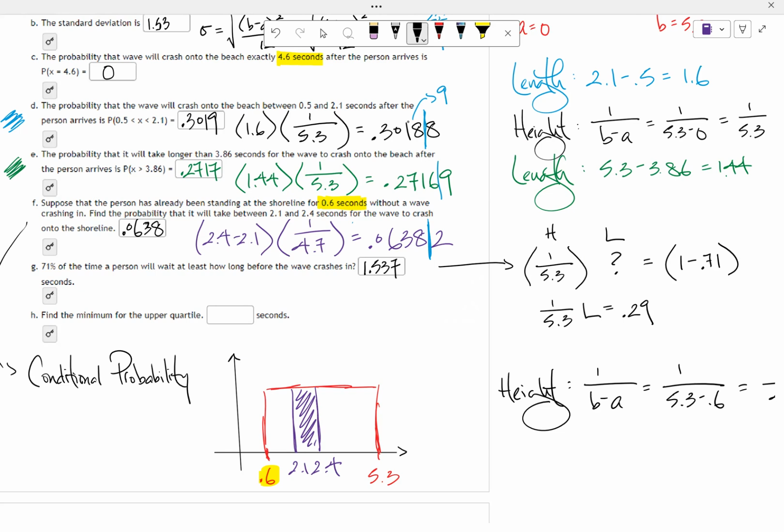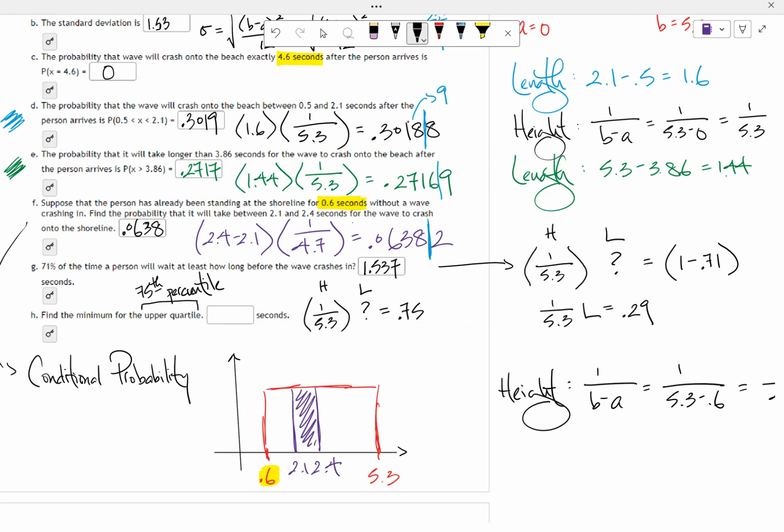All right, last question here. Find the minimum for the upper quartile. The upper quartile is the 75th percentile. And so we have our 1 over 5.3, that's our height, times our length, which we don't know yet, equals 0.75.